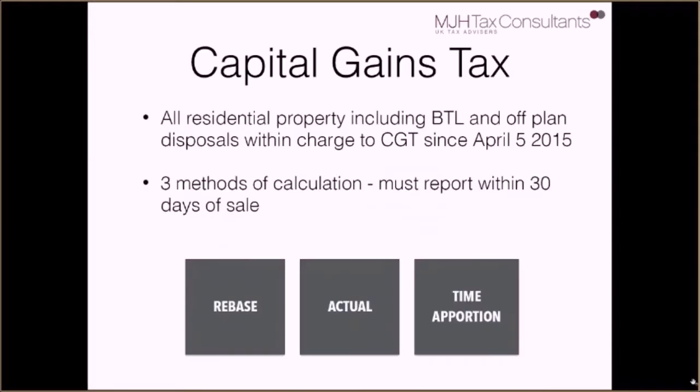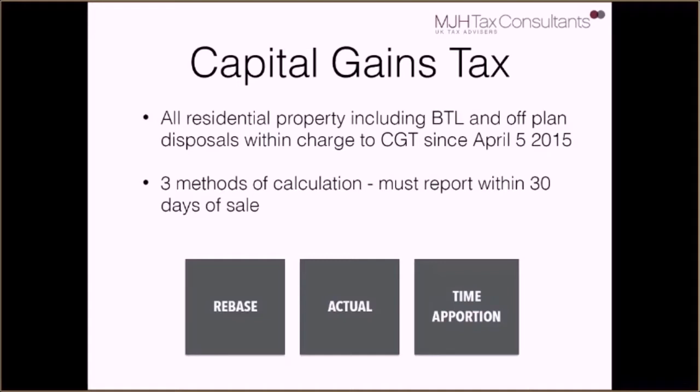The rules changed in April 2015. So prior to April 2015, non-residents were exempt from capital gains tax. There were some slightly complicated rules in terms of how long somebody had been non-resident for, but a foreign national investing into UK property was exempt from capital gains tax. From April 2015, those rules were changed, and residential property is now fully within scope of capital gains tax.